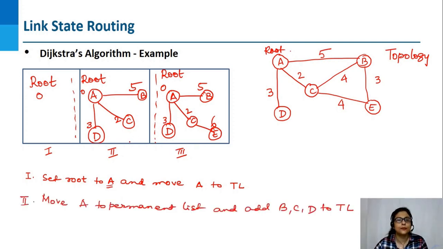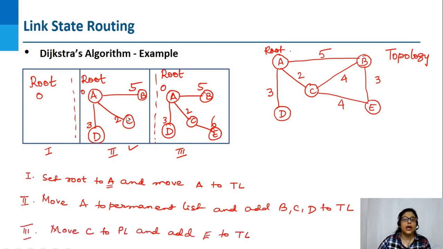In the second step, we move A to the permanent list and add B, C, D, which are directly connected to A, these neighbors, to the tentative list. After that, the one which has the shortest path or the least cost, which is C, we move to the permanent list and add E to the tentative list.